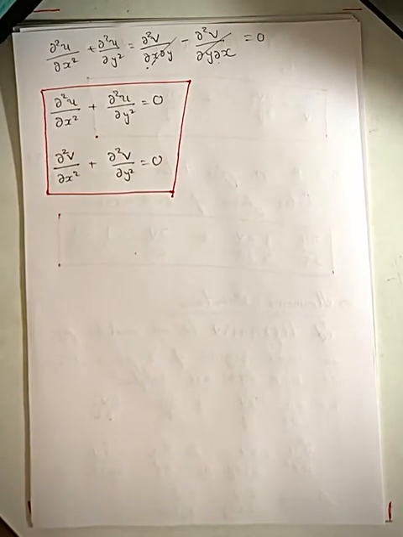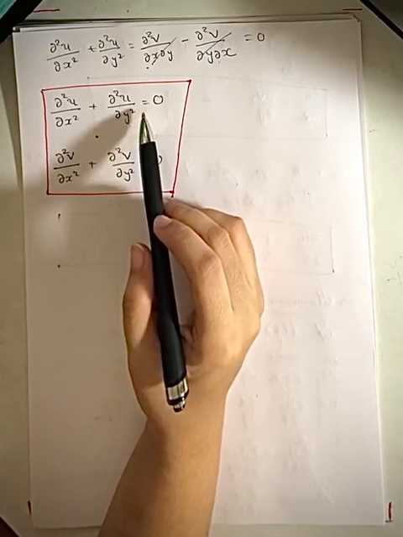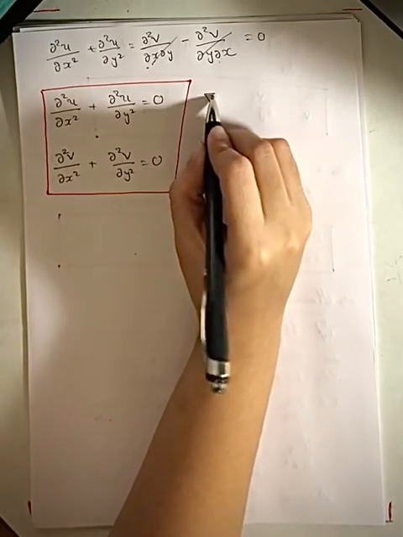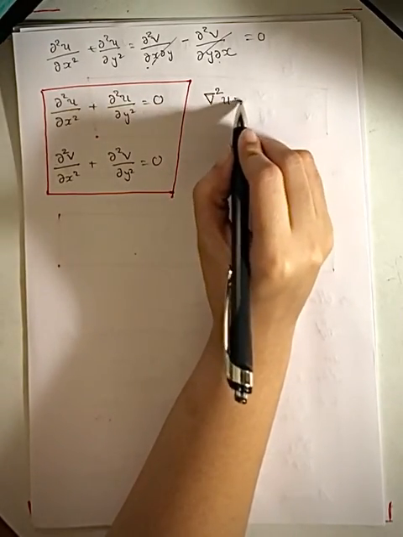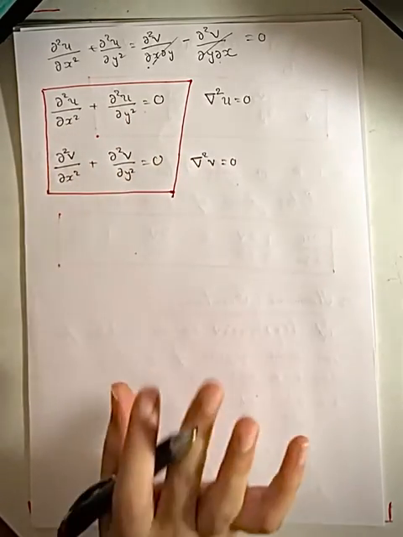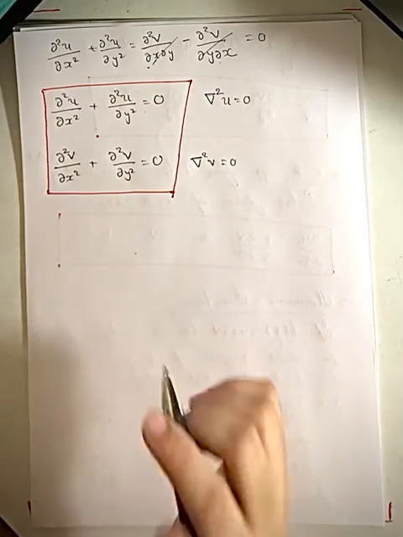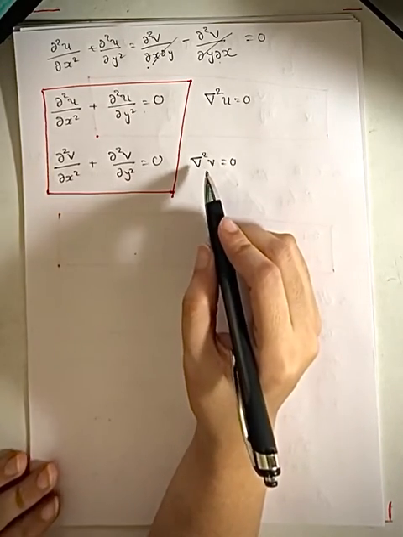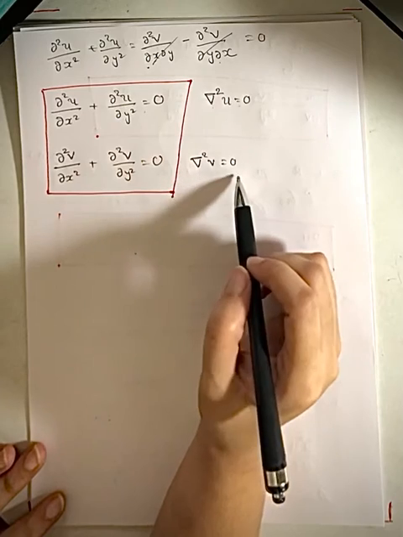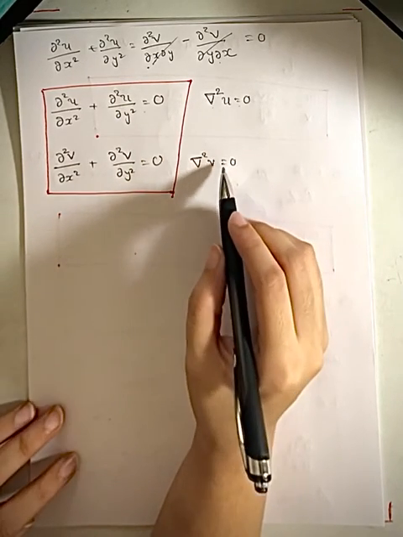When we get this kind of result, we can say that the function u satisfies Laplace's equation, because Laplace's equation is nothing but del square u equals 0 and del square v equals 0. If you don't know this, then it's okay. In case you have studied vector calculus, you might have come across Laplace's equations and Poisson equations.